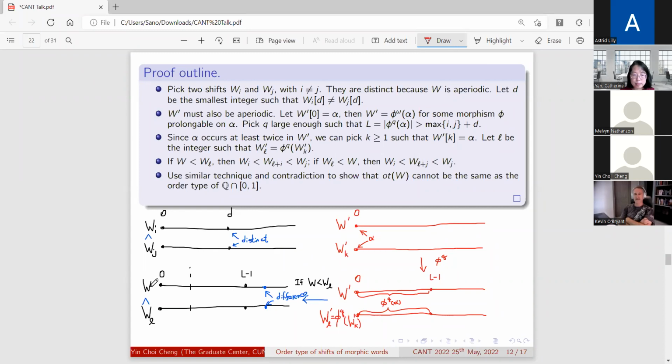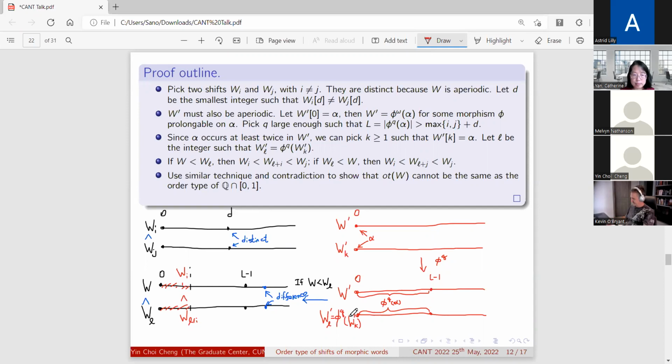And now we shift both of these words by I. The first word becomes the I shift of W. The second word becomes the L plus I shift of W. Since the first difference remains in both words, we know that the L plus I shift is still greater than the I shift of W.